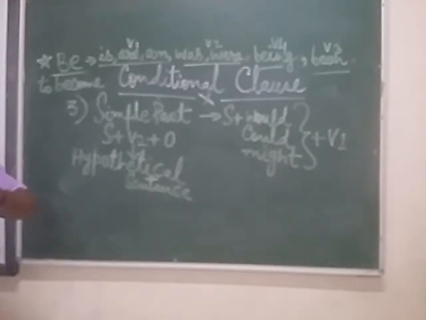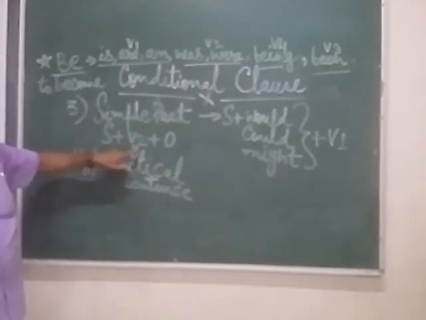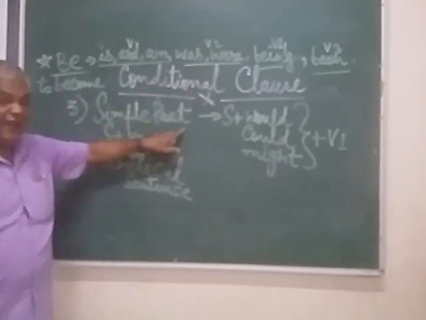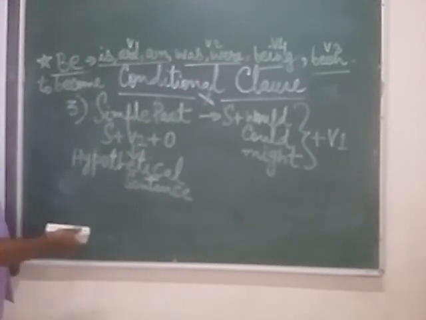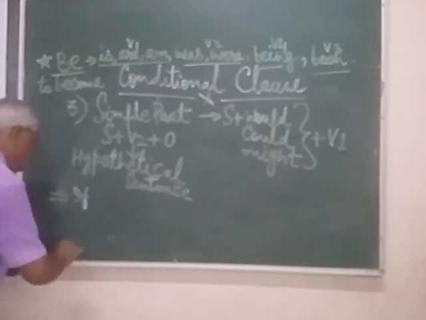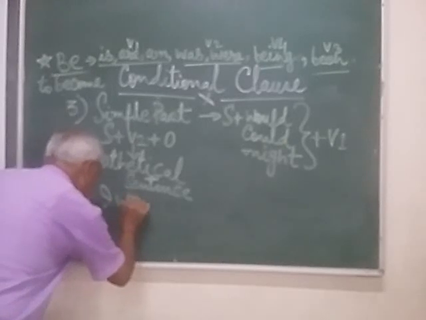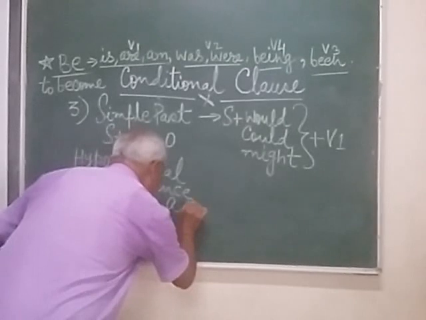And the word hota is actually known as be. And for be, we may use was or were as the V2 for simple past tense. This is one example: if I were a bird.